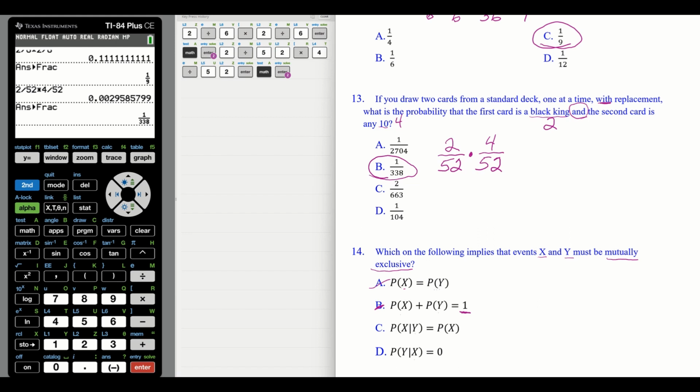Okay, the next one says the probability of X is equal to the probability of Y. That's true in some cases, but this isn't relevant for us right now, so I wouldn't say that. Now let's look at this next. It has to be the last one. Let's hope.